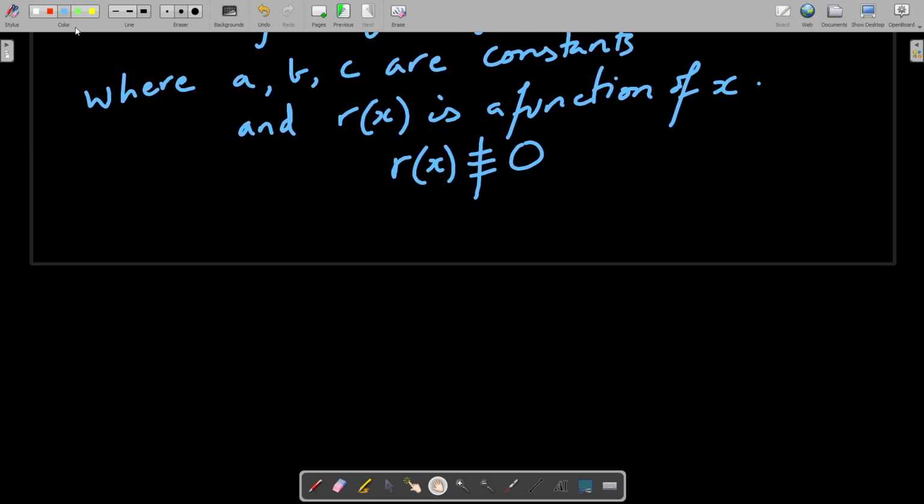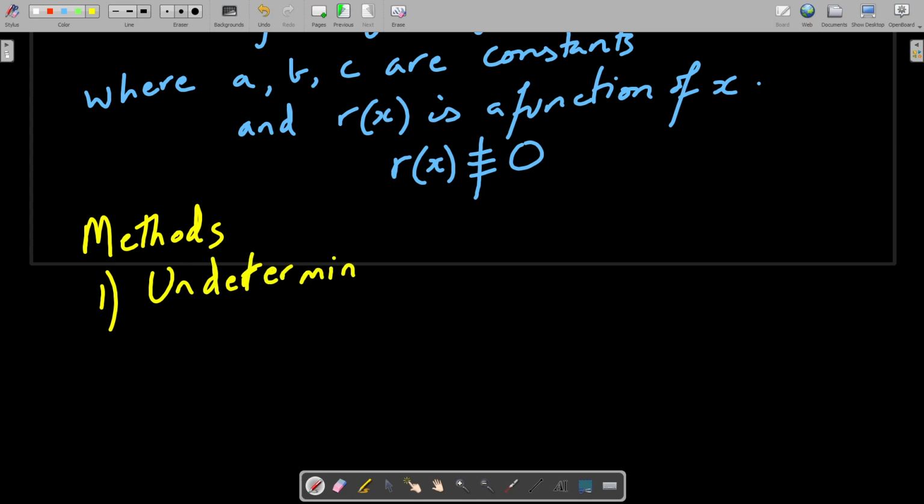Methods which you will be learning: one is undetermined coefficients. Second is variation of parameters.